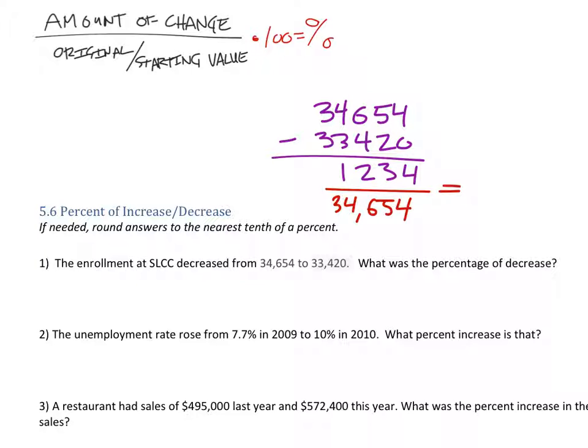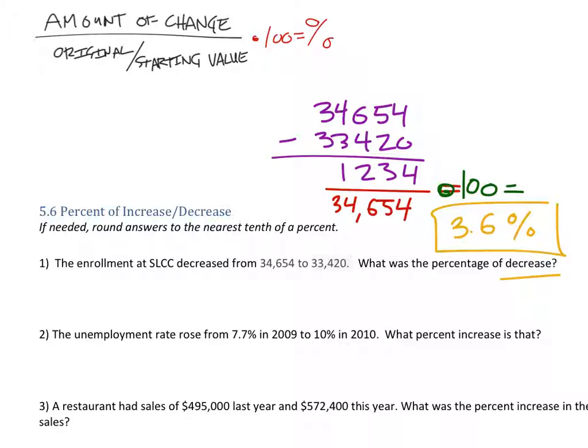So yeah, that gave me a pretty nasty looking decimal, so I just multiplied that right away by 100. And I got, rounded to the nearest tenth of a percent, 3.56, so that will round up to 3.6%. And we already knew that it was a decrease. So it's a 3.6% decrease.